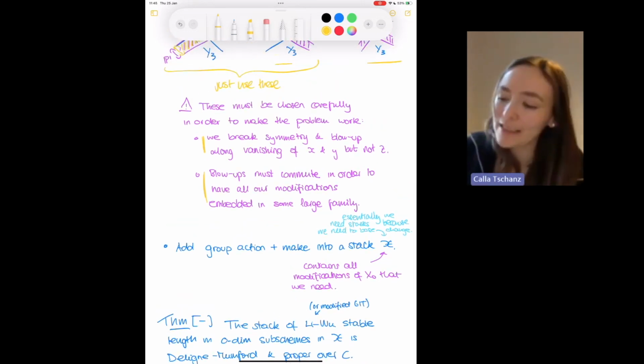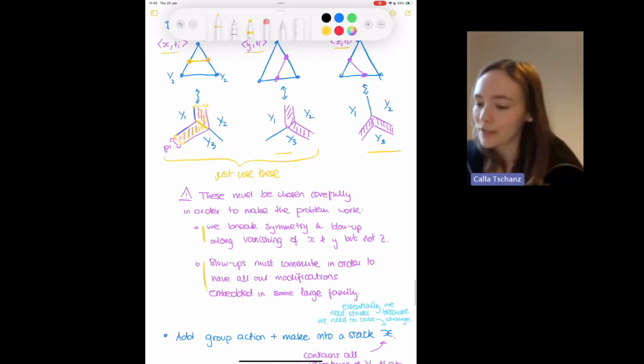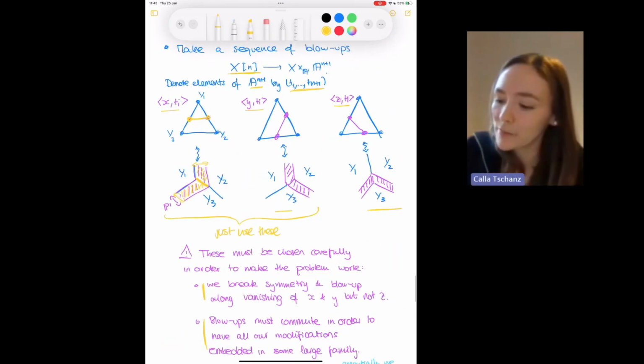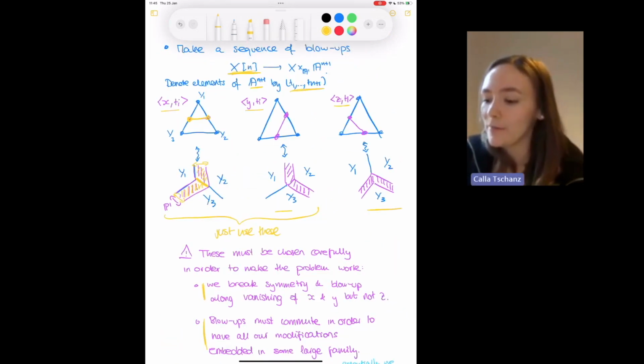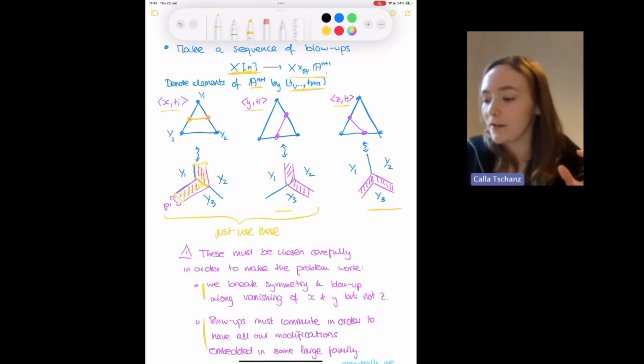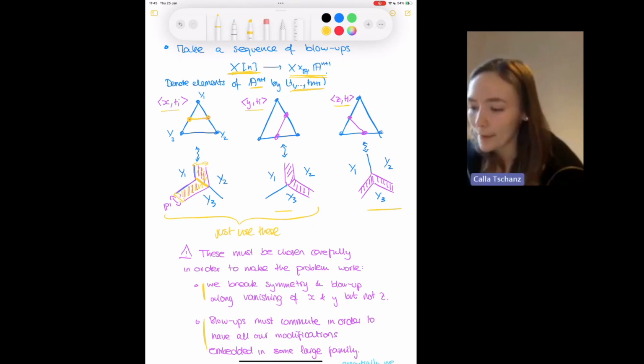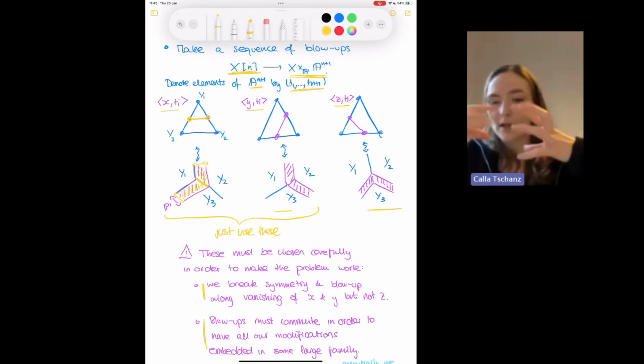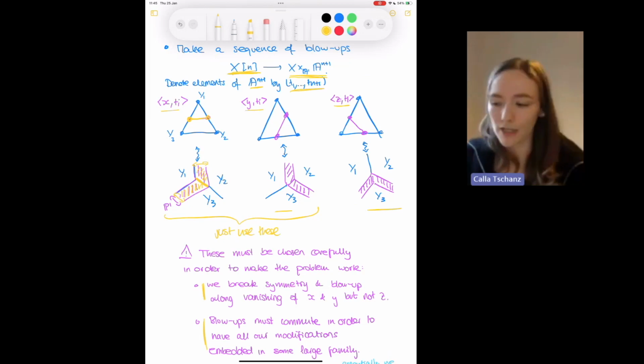What we've done is construct this big family Xn, which is some sequence of blowups on our fiber product. It's a massive family with loads of different modifications. It has all the modifications we need inside of it, but it's huge.